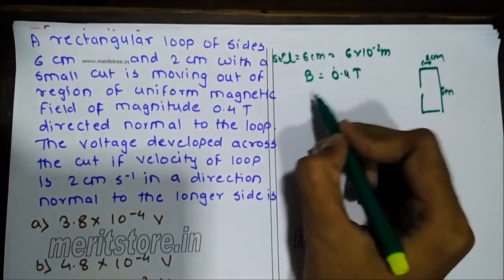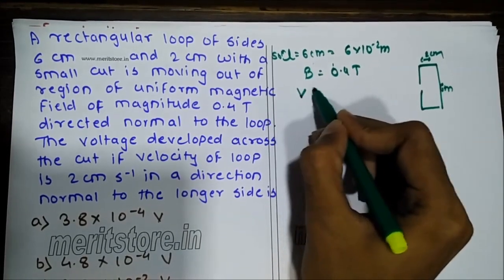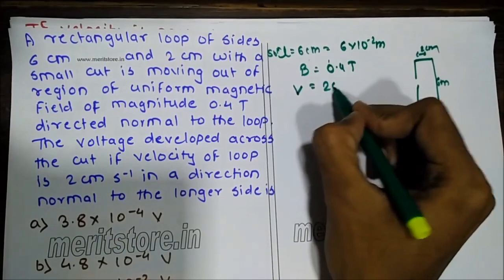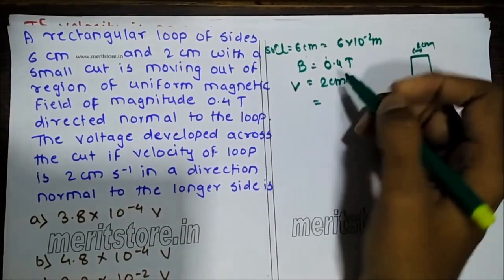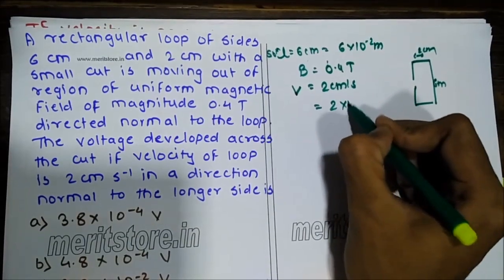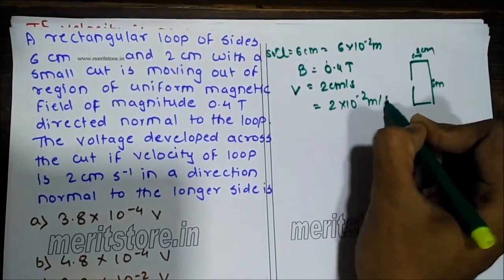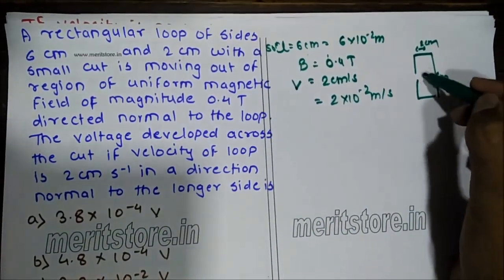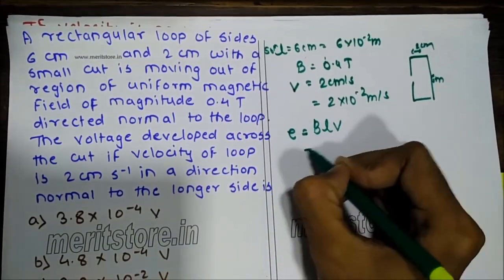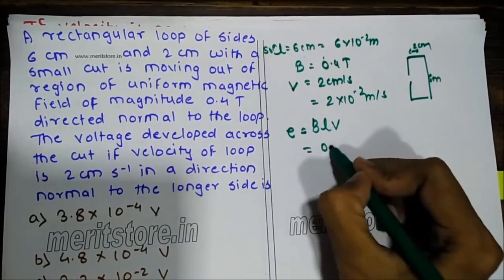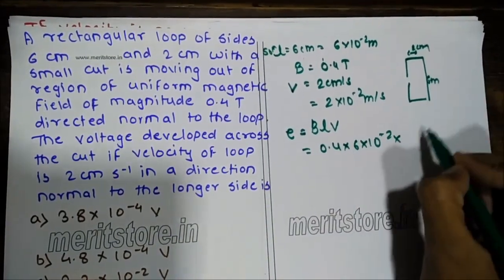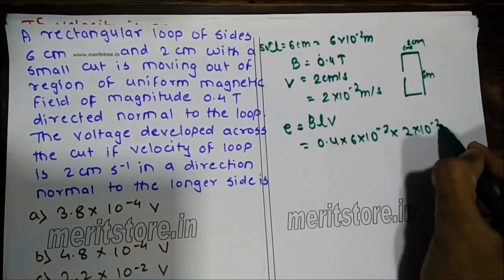Next given is the velocity of the loop, which is 2 centimeters per second, which in meters per second is 2 into 10 raised to minus 2 meters per second. So the voltage developed here will be given by B into L into V, that is 0.4 multiplied by 6 into 10 raised to minus 2 multiplied by the velocity, that is 2 into 10 raised to minus 2.